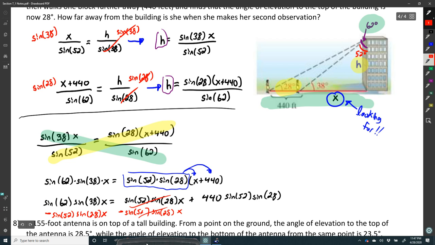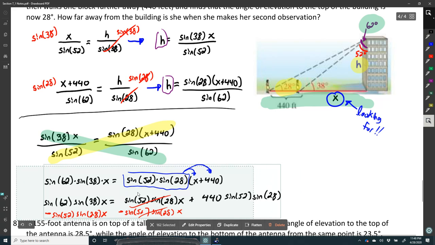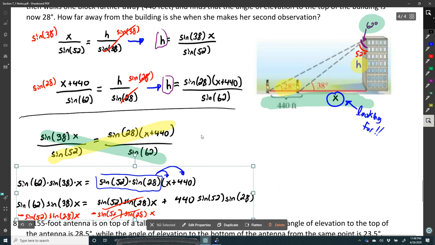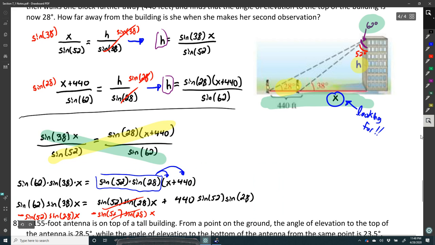So, boop, boop. Let me move this to the side to give me a little more room, and let me just shrink everything just a bit.